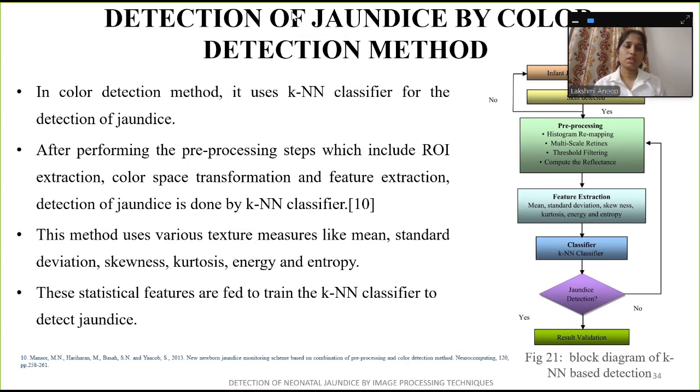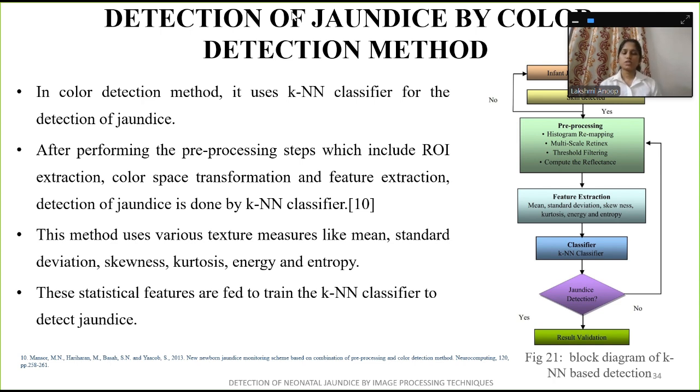The next method is detection of bilirubin by color detection method. In the color detection method, it mainly uses a KNN classifier for the detection after performing the pre-processing steps, which include ROI extraction, color space transformation, and feature extraction. The features are taken to the KNN classifier for classifying the infant images based on their condition or the level of bilirubin.